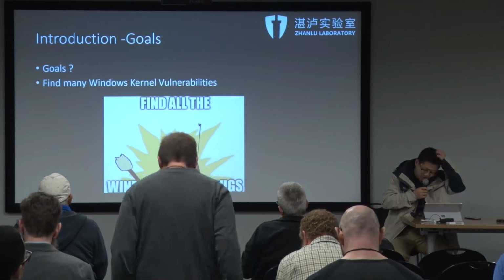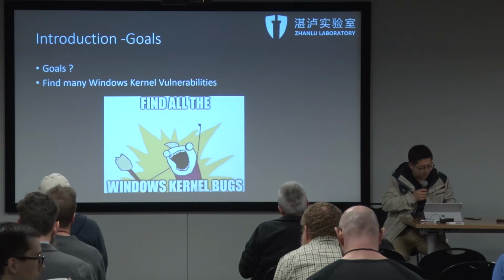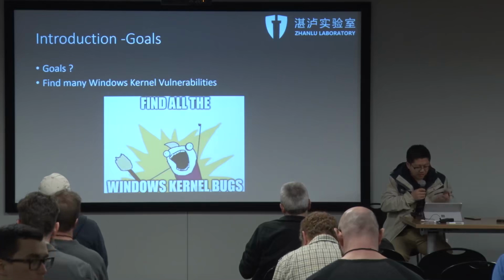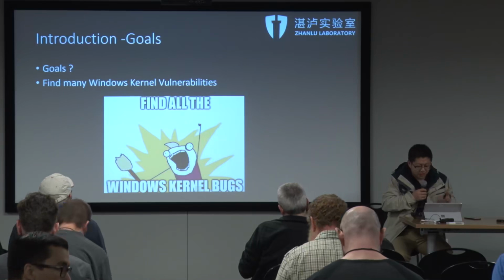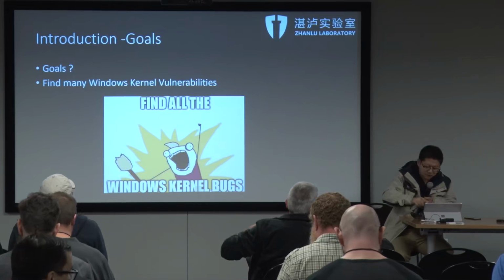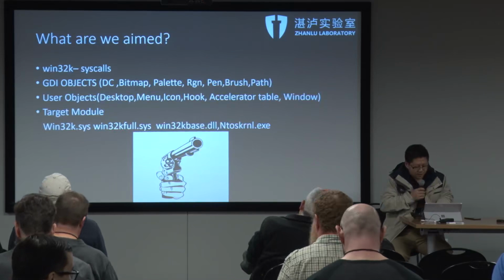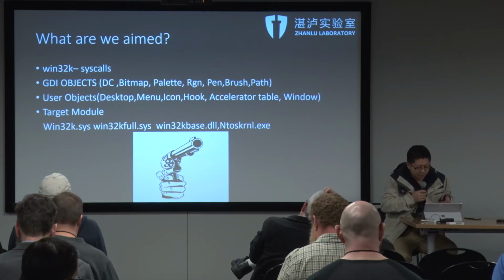Before we start, we need to know what our goals are. As a researcher, the goal is very simple: find as many vulnerabilities as possible. And what are we aiming at? Let's take a look at the main targets.